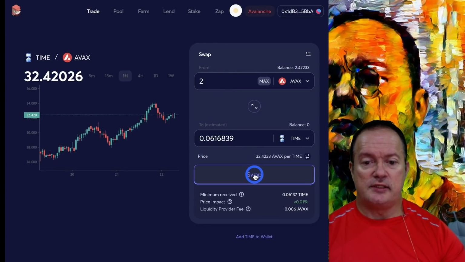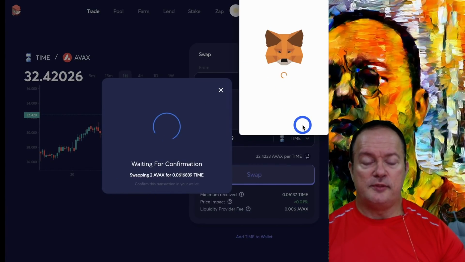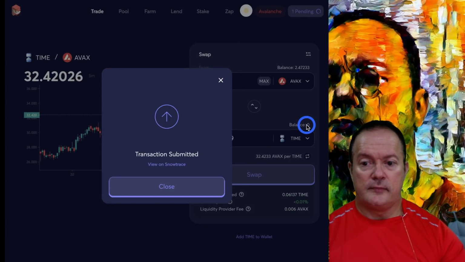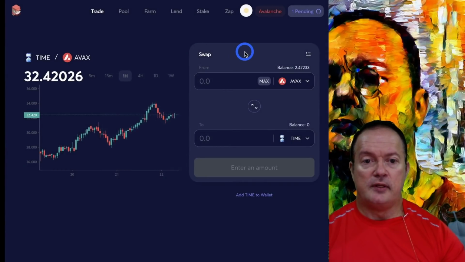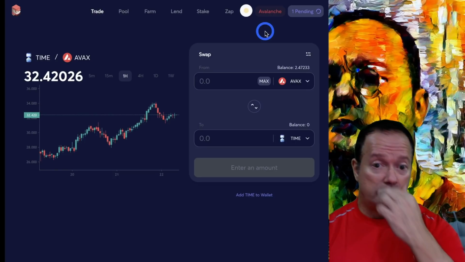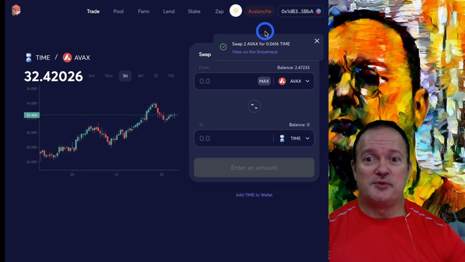So let's swap that. Confirm the swap. Confirm in MetaMask. Okay, close. All right, so it's going to take a few seconds. And then I'm going to swap my USDC as well to try to get a little bit more TIME. And I want numbers I can see, not 0.00000. So, all right, swap.